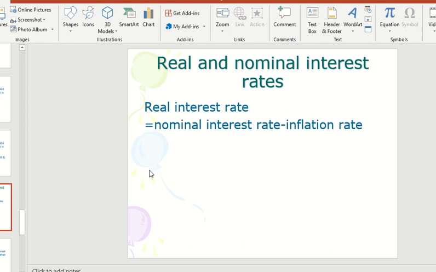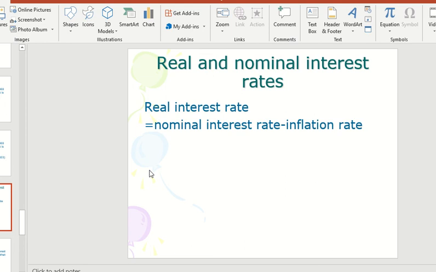Okay? So let's say you get 1% interest rate from your saving account. Okay, so in a world without inflation, your purchasing power will increase by 1% next year, when you get back your interest payment.